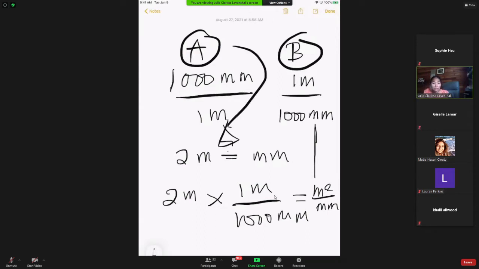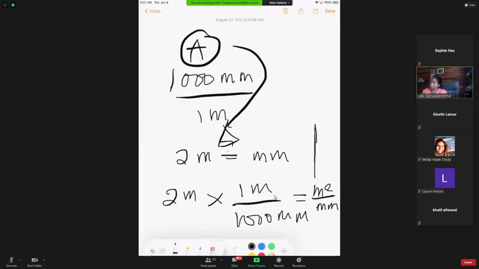Units are like numbers. So if you use A, how do you use A then? So 2 meters times 1,000 millimeters over 1 meter.